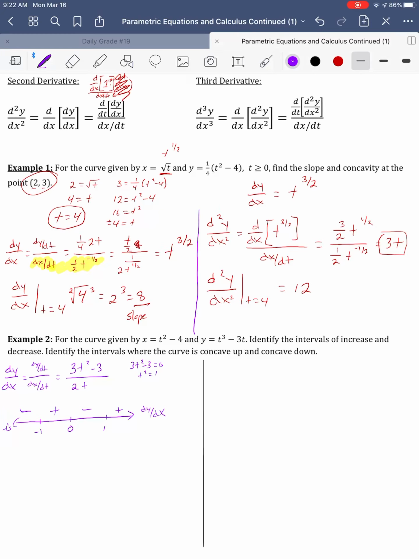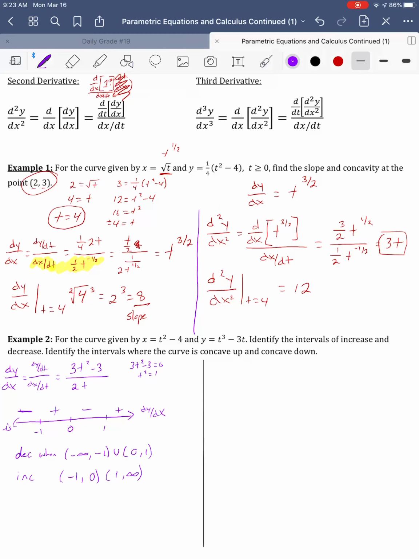So pause the video and go back and plug these things in and make sure you agree with me. So what I'm seeing here is this function is decreasing from negative infinity to negative 1 and 0 to 1. And it's increasing when the derivative is positive, which is negative 1 to 0 and 1 to infinity.